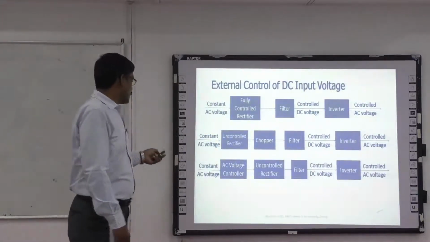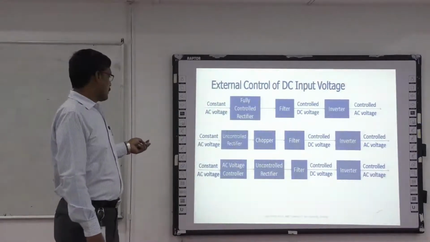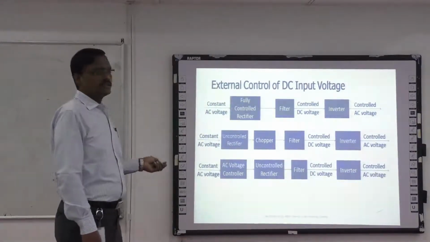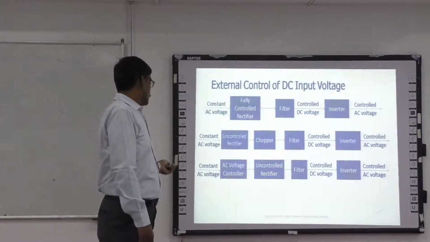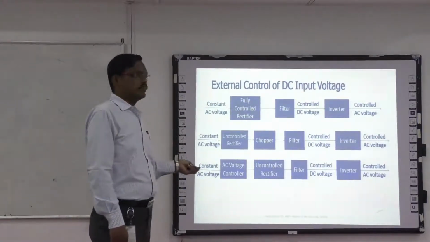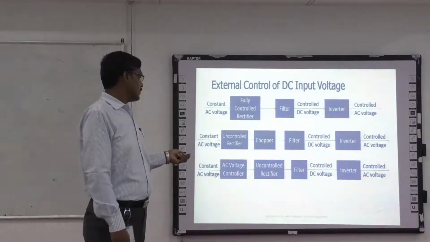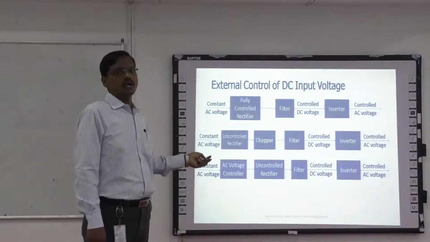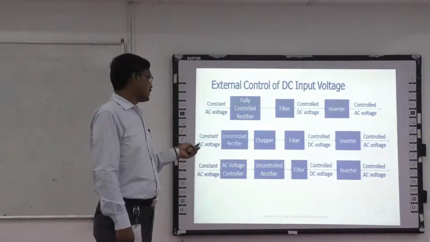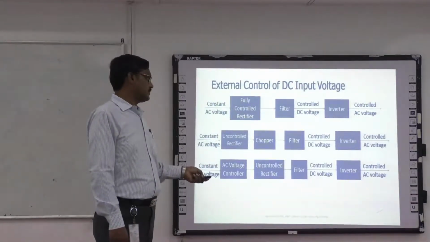Next one: if we have a constant AC voltage, this can be given to an AC to AC controller, which converts the constant AC voltage into variable AC voltage. This variable or controlled AC voltage is given to the uncontrolled rectifier. This will give you the controlled DC voltage.